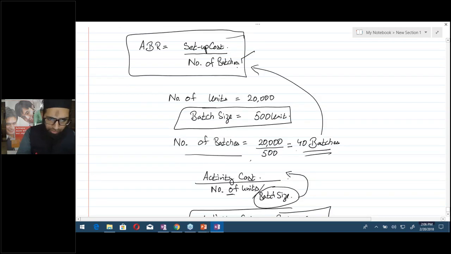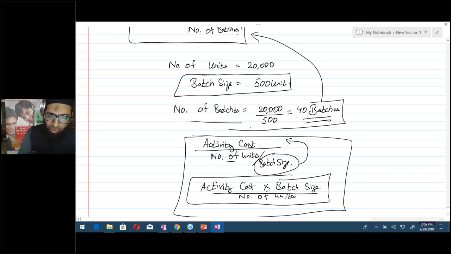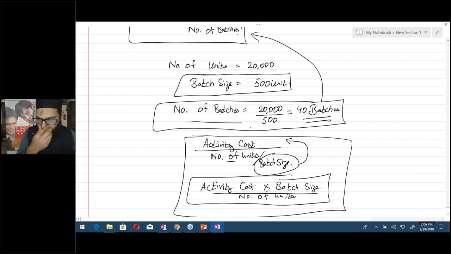I know some examiner solutions have been done this way. So I advise you to do all your questions with this point. Remember that there is a difference between batch size and the number of batches. Batch size means how many units we are going to produce in one batch. So one batch is equal to 500 units.